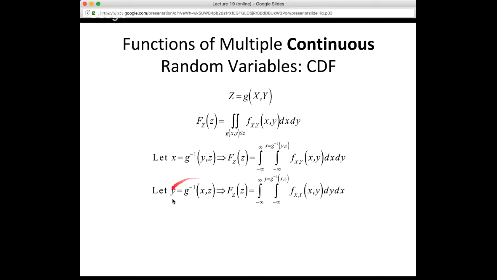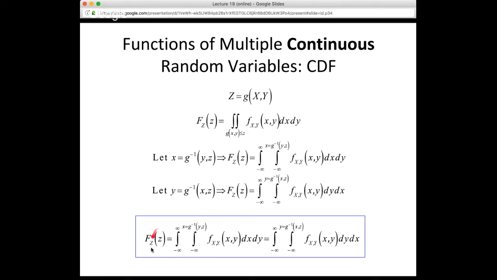It could just as easily have been Y, in which case our CDF for Z looks exactly the same, except we're switching the order of integration. The outer integral is with respect to X, the inner integral is with respect to Y, and the upper limit for the integral with respect to Y is Y equals g inverse of X and Z. Both of these are absolutely equivalent. It doesn't matter which way you do it.